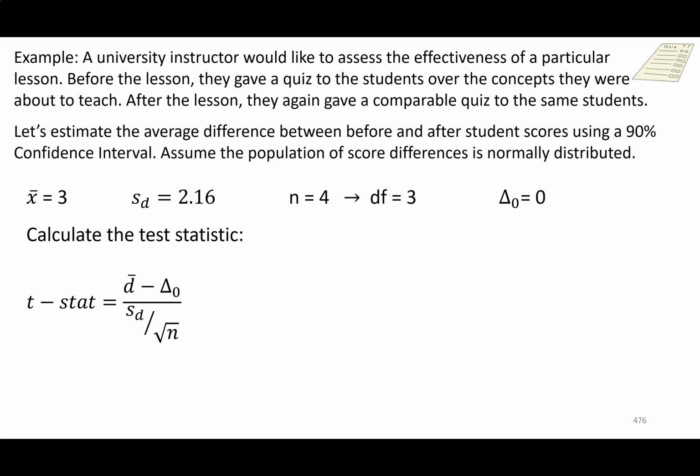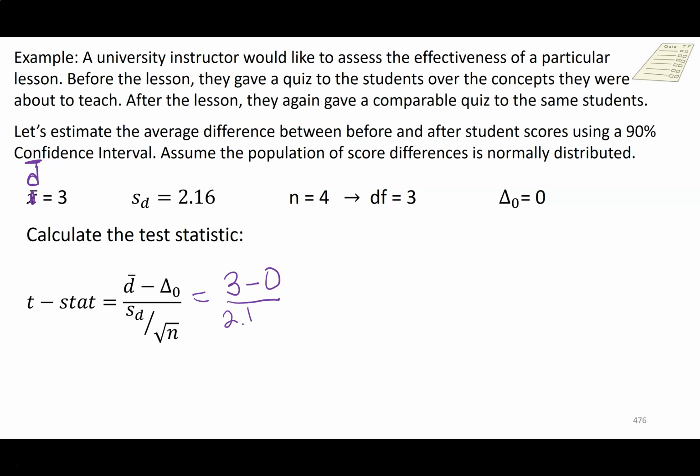So here we go. We have all of our parts here. This should be d bar. So when I need to plug in, what did I observe? I observed a mean difference of 3. So on average, the scores of those 4 students increased by 3 points after the lesson, which is good. You want it to increase, not decrease. It's bad news if it decreases.